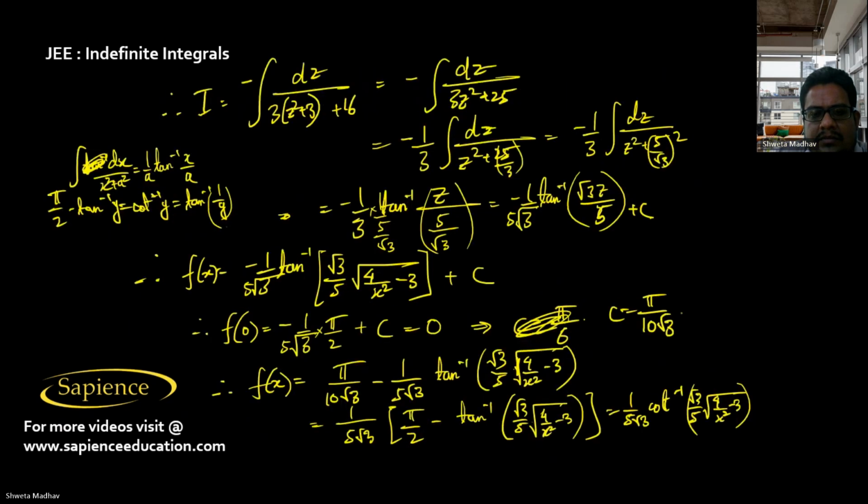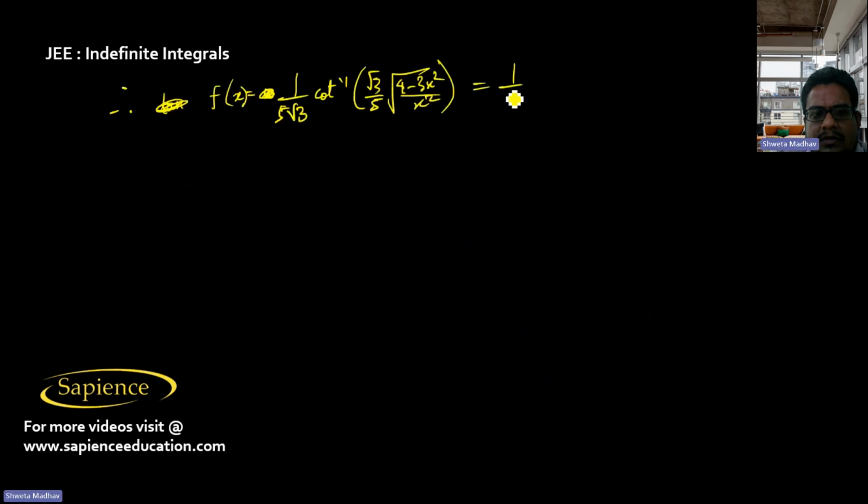Now this we can write as 1 by (5 root 3) into tan inverse of 5x by root over (12 minus 9x square).